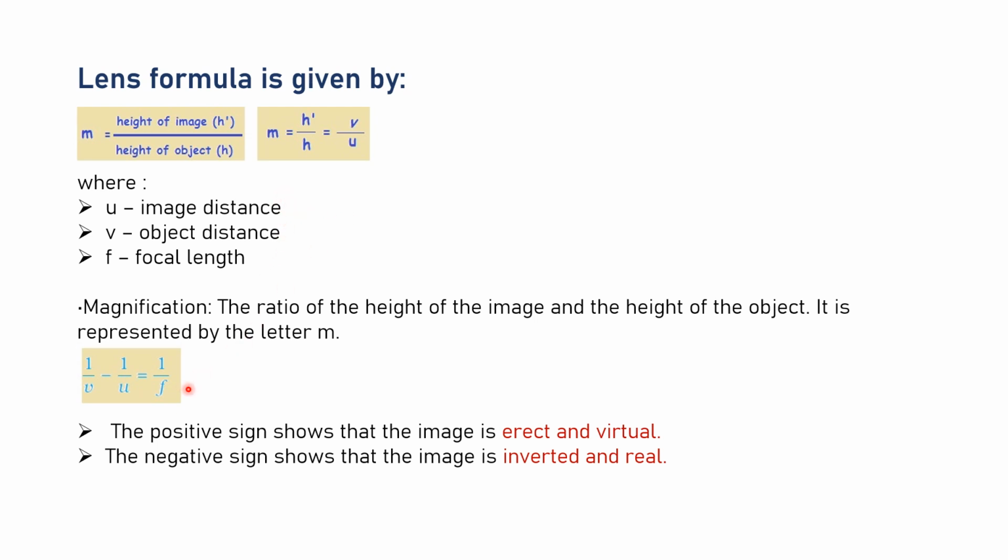Now this is about the lens formula. Over here again there is a change in sign, right? 1 upon v minus 1 upon u is equals to 1 upon f, or else you can write 1 upon f is equals to 1 upon v minus 1 upon u.